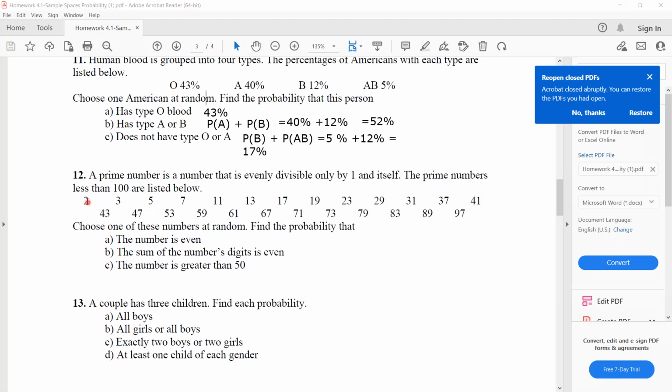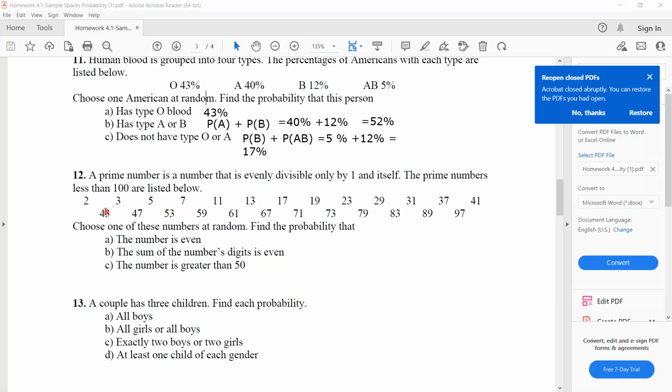So this is 1, 2, 3, 4, 5, 6, 7, 8, 9, 10, 11, 12, 13, 14, 15, 16, 17, 18, 19, 20, 21, 22, 23, 24, 25.